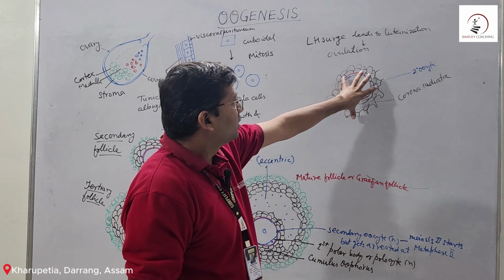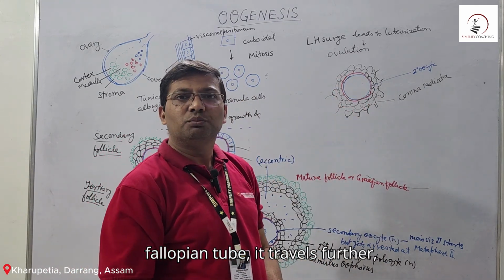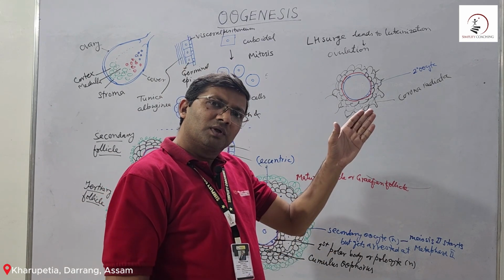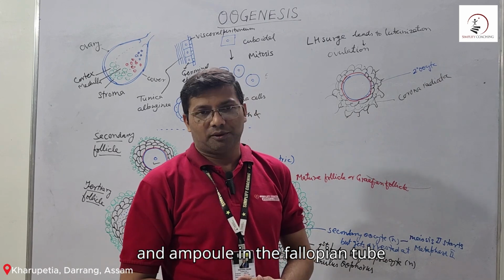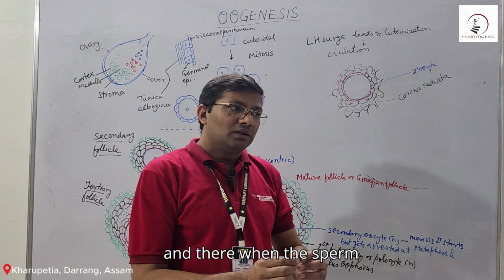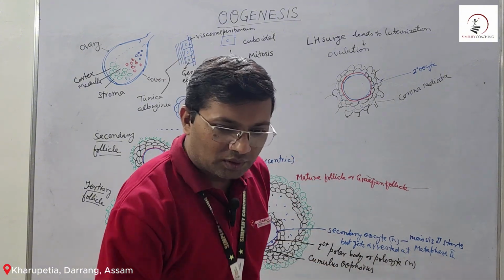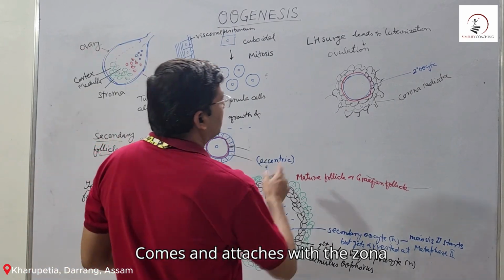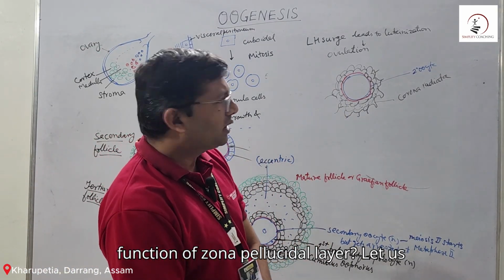Then this oocyte or egg enters into the fallopian tube, it travels further, then it reaches the junction of isthmus and ampulla in the fallopian tube, and there when the sperm comes and attaches with the zona pellucida layer. Now what is the function of zona pellucida layer?